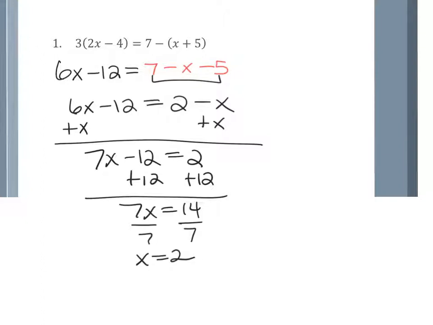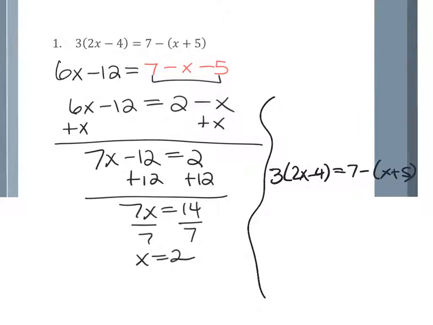Now remember, whenever you solve for a variable, you can always check your answer by plugging it back in. So I'm just going to do it on the first one to show you how you could check. So I would take the original problem, 3 times (2x minus 4) equals 7 minus (x plus 5). Take out x, put in 2 in every place that you see x. So over here, I'll do the innermost parentheses and get 4 minus 4.